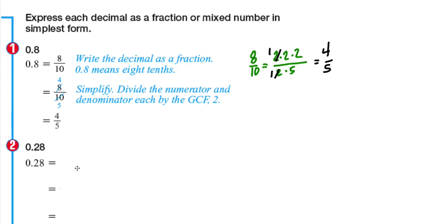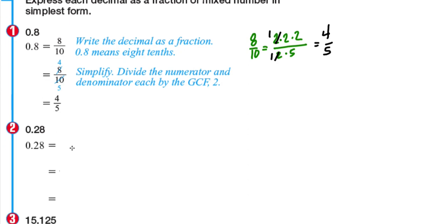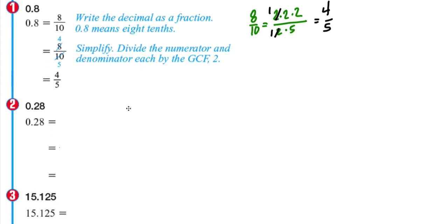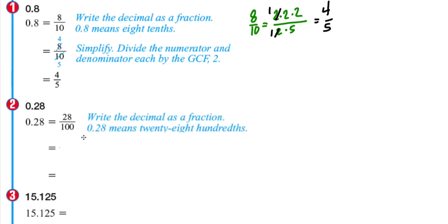4/5. In example number 2, 0.28. 8 is in the hundredths place. So therefore this becomes 28 over 100. And then we want to simplify this again using what we learned. In simplifying fractions, we either use prime factorization or find the GCF, and the GCF in this case is 4. Why is that?